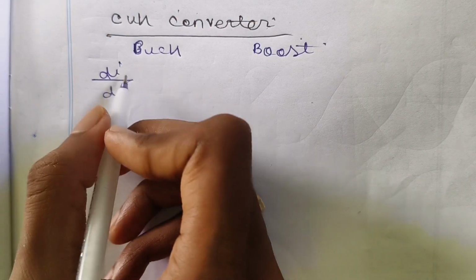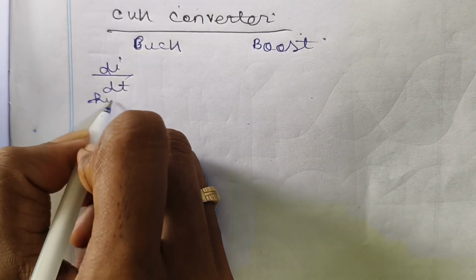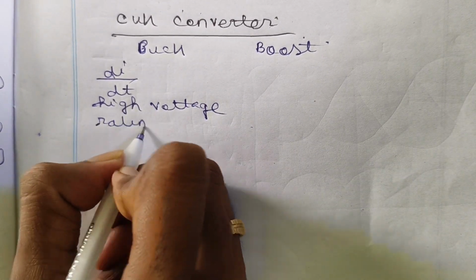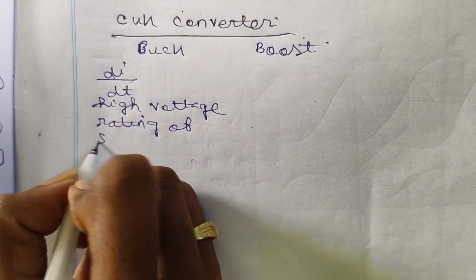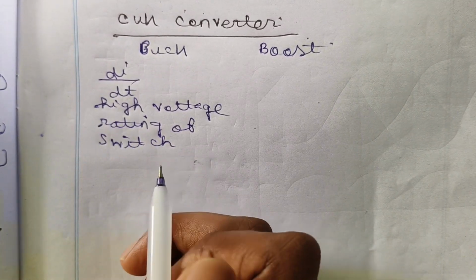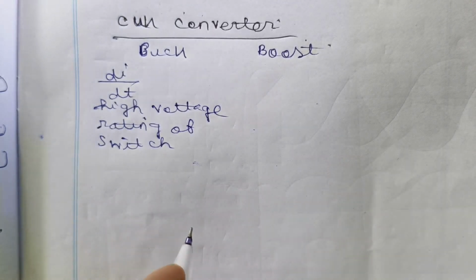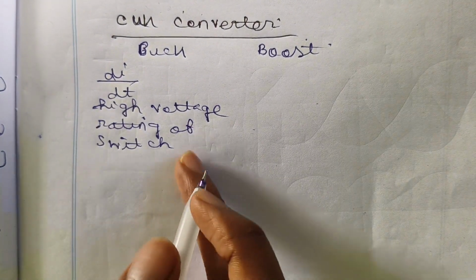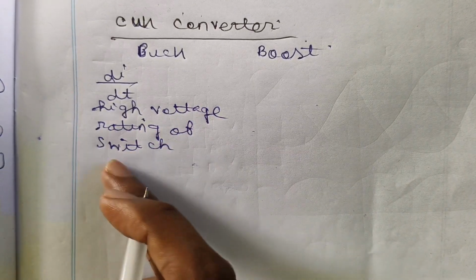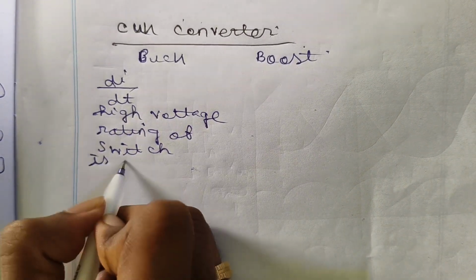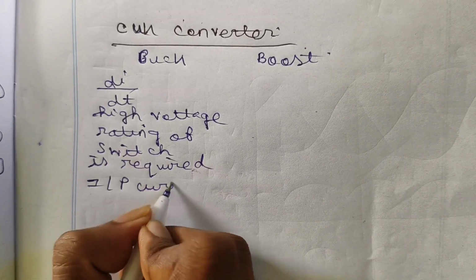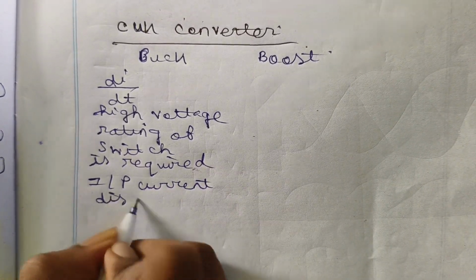High voltage rating of the switch is required, because as per the circuit diagram of buck converter that I have uploaded in the previous videos, the voltage across the switch becomes very high in case of the buck converter. So high voltage rating of the switch is required, and input current was discontinuous in nature.